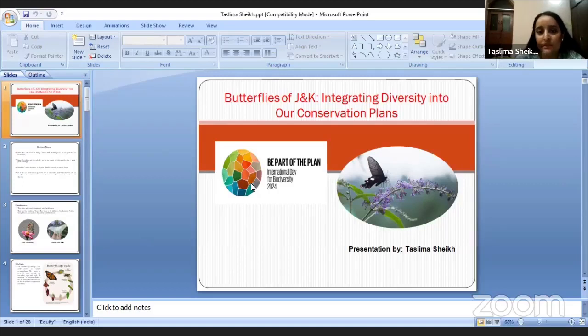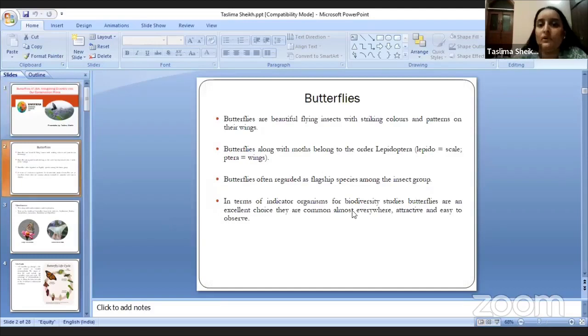In this slide, I have shown one butterfly, which is very uncommon at high altitudes in Jammu and Kashmir. That is a common winged butterfly. We all know that butterflies are the most fascinating insects, and they belong to the order Lepidoptera.